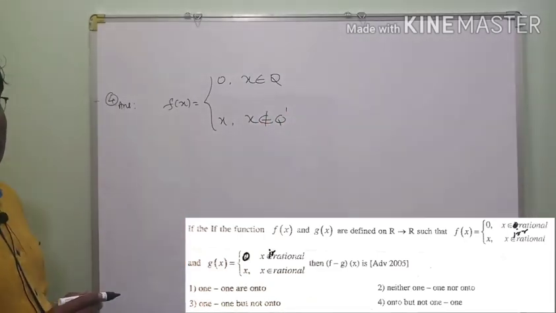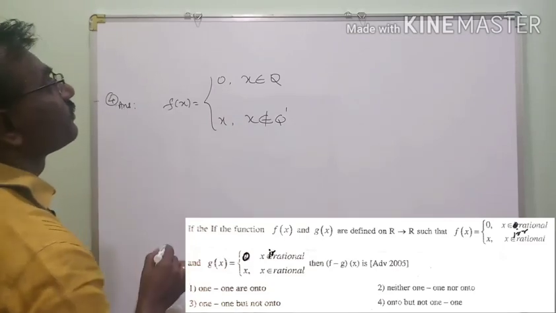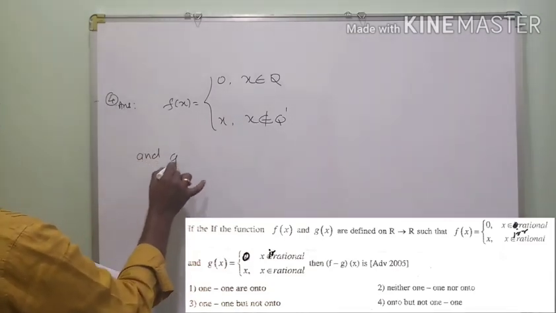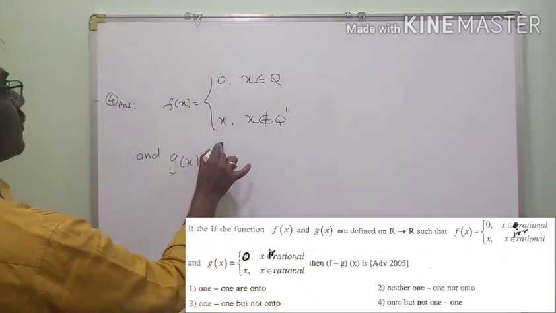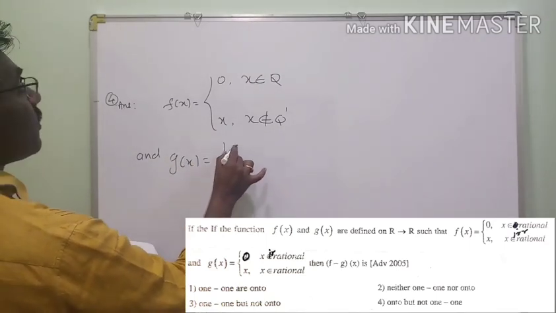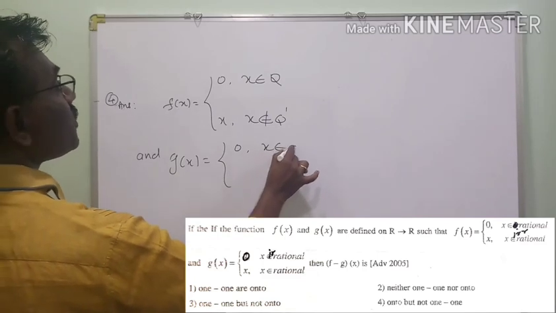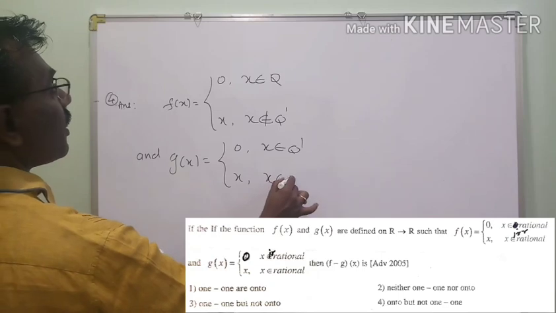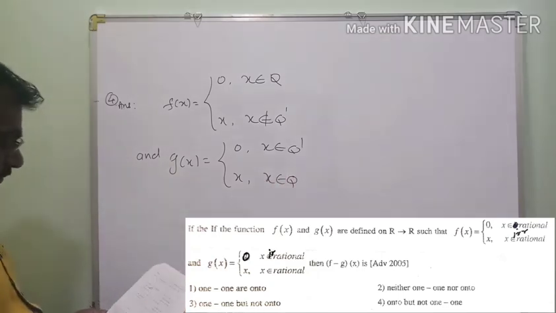What is Q and Q dash? Rational and irrational. Okay. And g of x equal to 0, x belongs to Q dash, and x belongs to Q, the rational numbers.